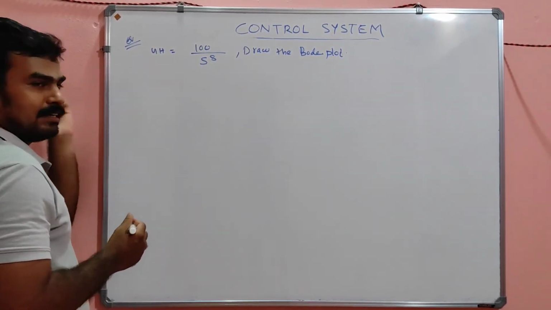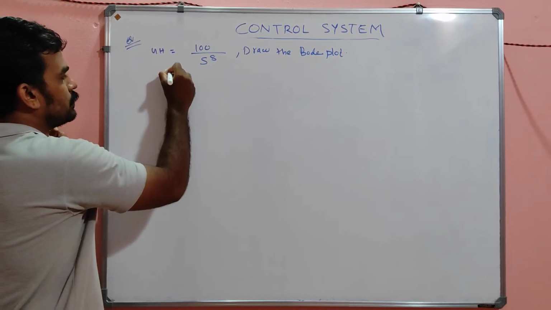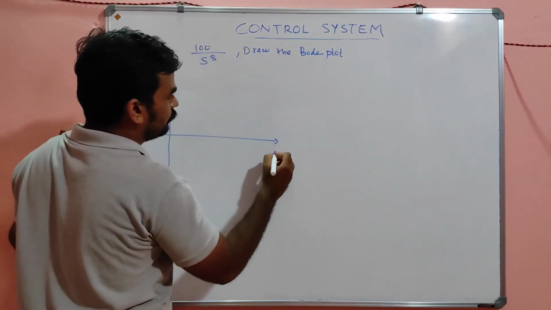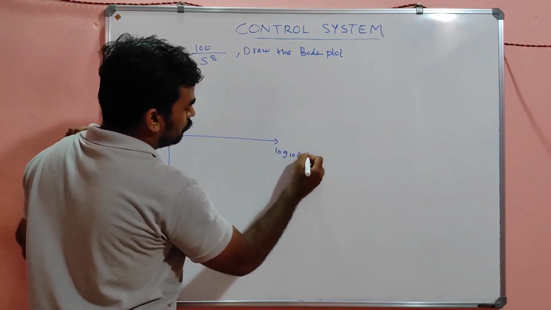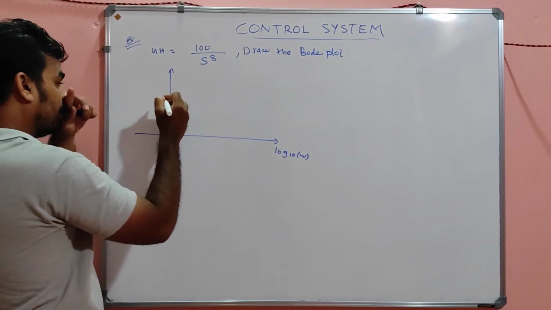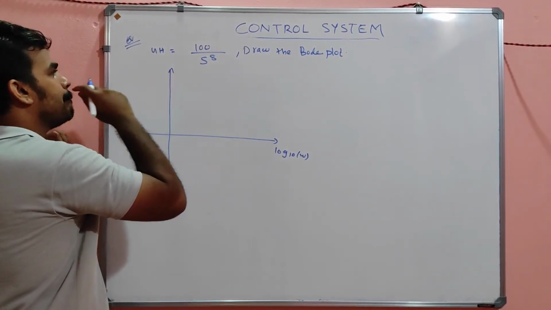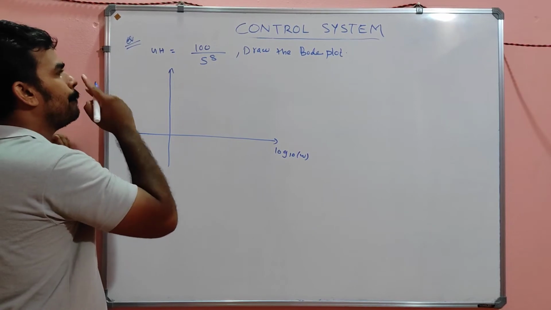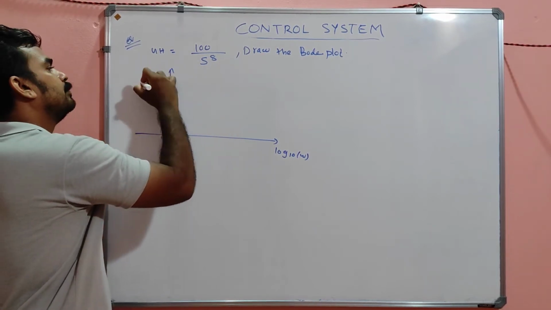I will say one easy step. First, you just draw this thing: log 10 to the base omega versus M in dB.